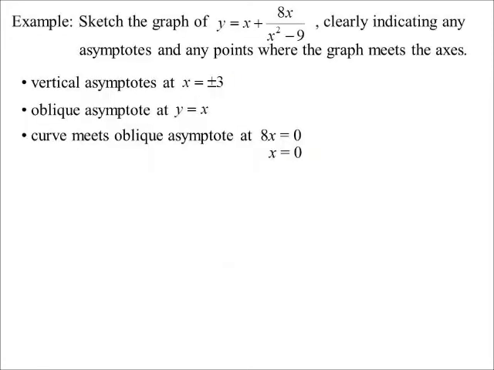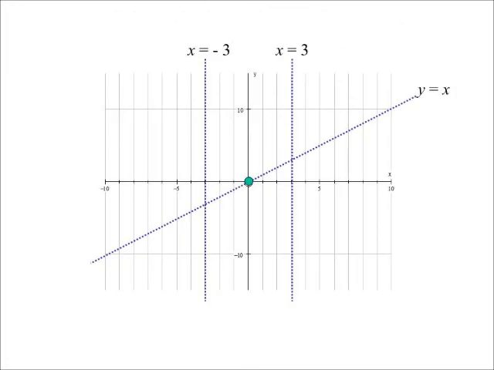Now, in this case, it will meet the oblique asymptote, because it is possible for 8x to equal 0. So I know at x equals 0, it will cut it. Well, we knew that anyway, because we could have found our x-intercepts and known that. But it confirms that one. There's the actual graph then.